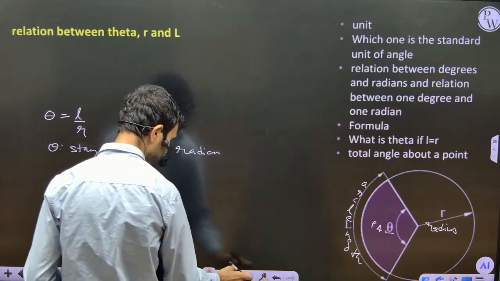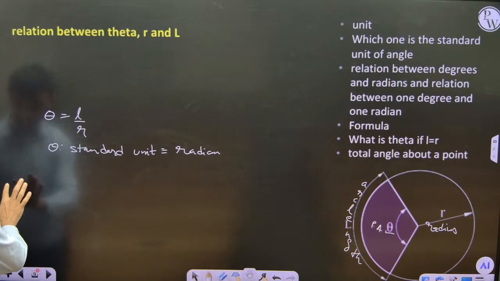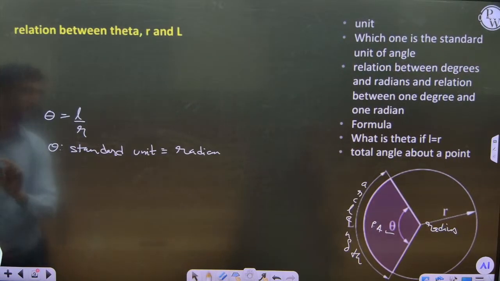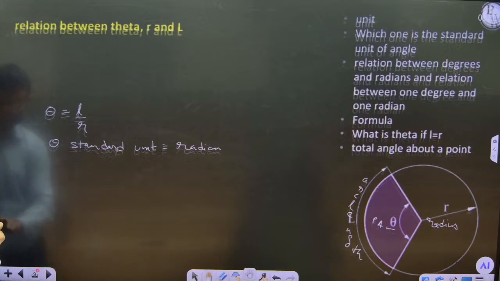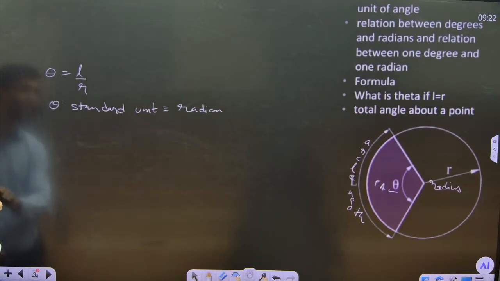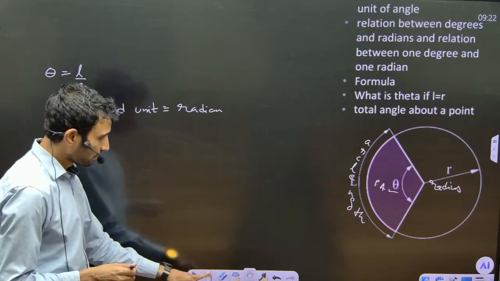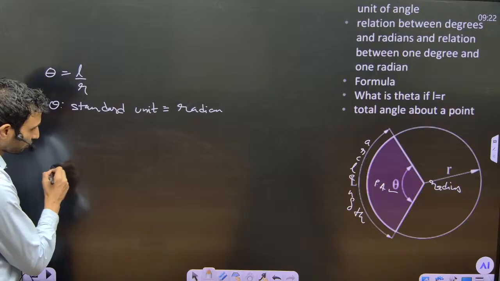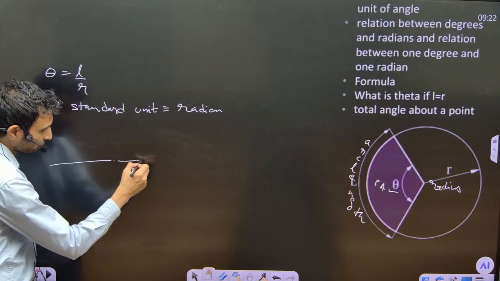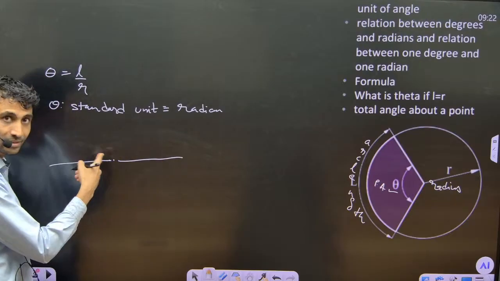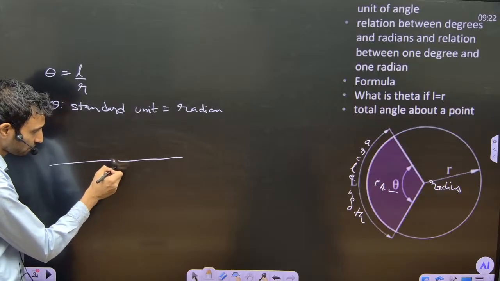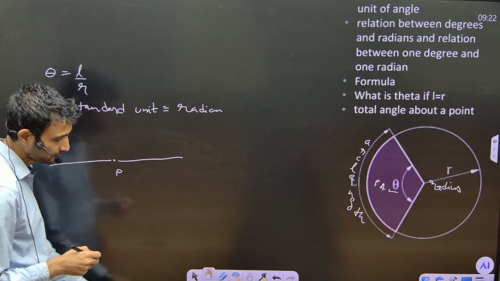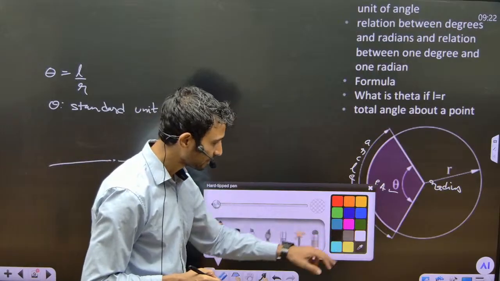So for that, we'll use something that you kids already know about, and then we'll work upon it from there. Like if you draw two lines intersecting at this very point, right? So what is the angle between them, kids?